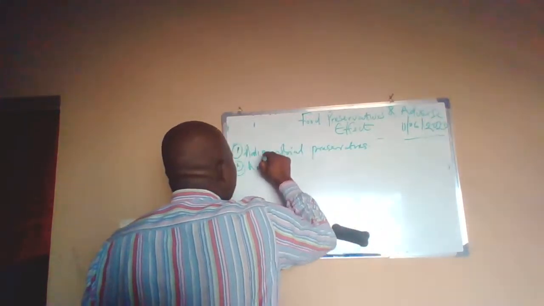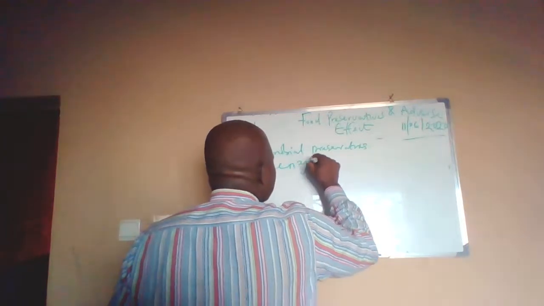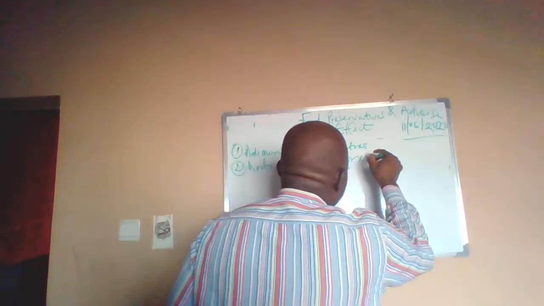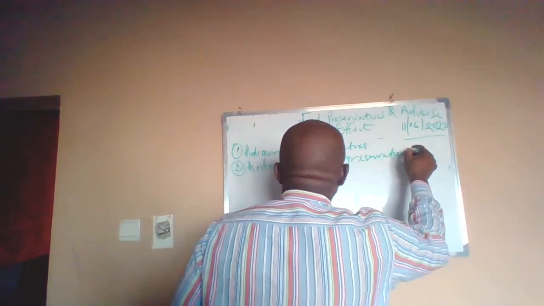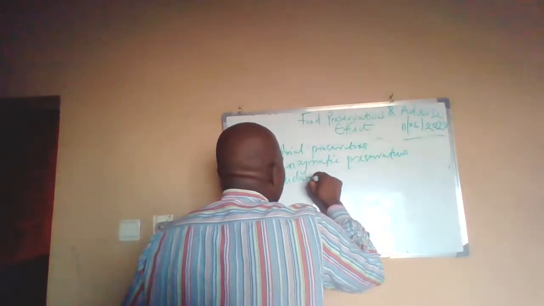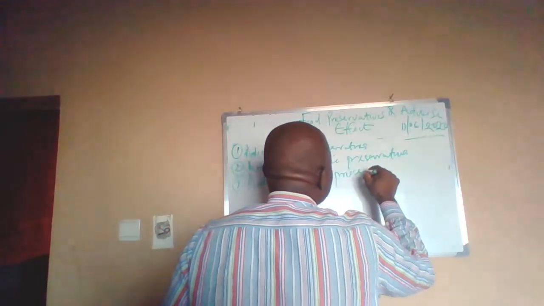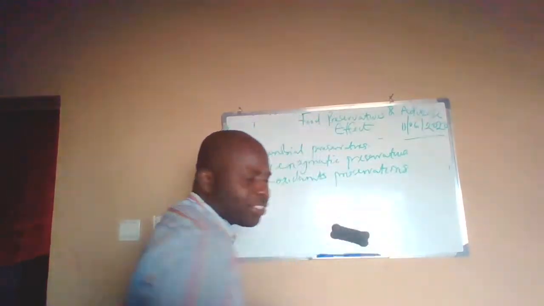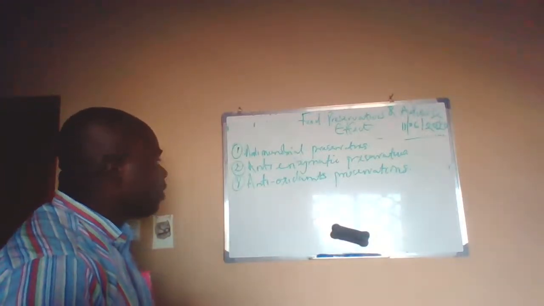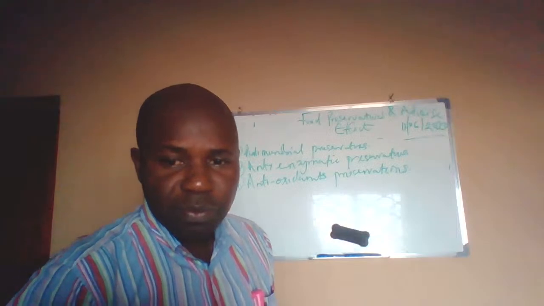Two, we have the anti-enzymatic preservatives. Three, we have the antioxidant preservatives. These are the three major classes in which these preservatives have been classified.